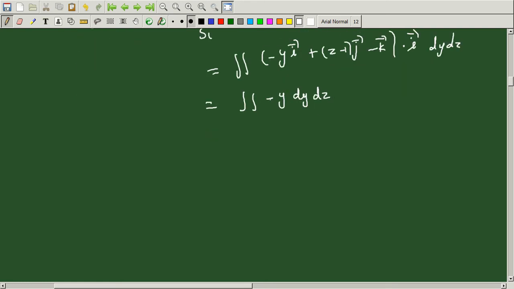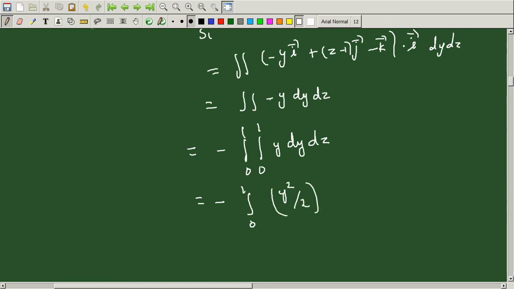So minus y dy dz, we know the limits are already given. Take the negative out, so the integral of y dy dz. The y limit varies from 0 to 1, and the z limit also 0 to 1. Now do the integration with respect to y first. So y square by 2, apply the limit 0 to 1, dz.